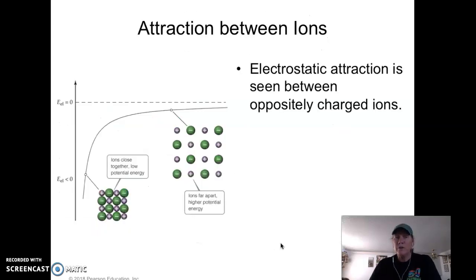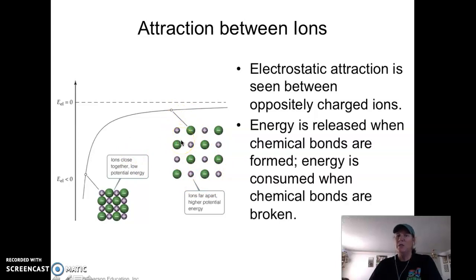Where it comes from is the attraction between the ions. Here's salt, and we have the attraction between the positive cations and the negative anions. When they're all together like this, they have energy. When you spread them apart, now you have more attraction going on. They want to be back together again, but because you spread them apart, energy is released. So energy is released when chemical bonds are formed.